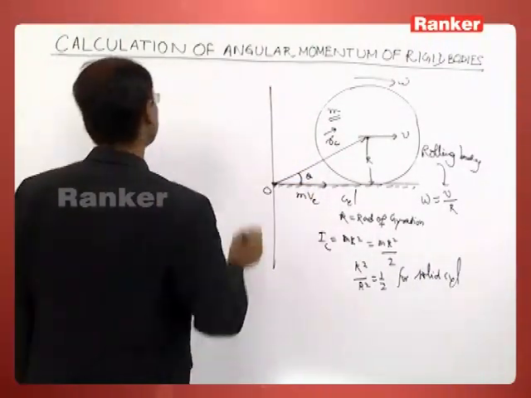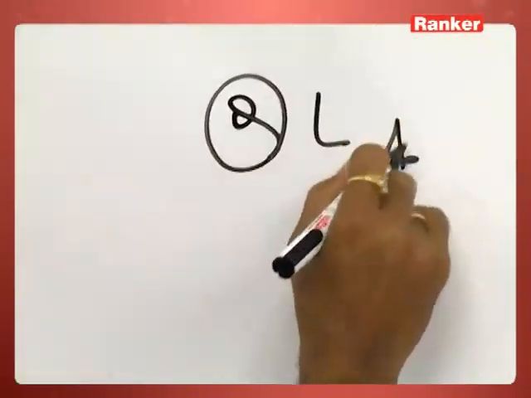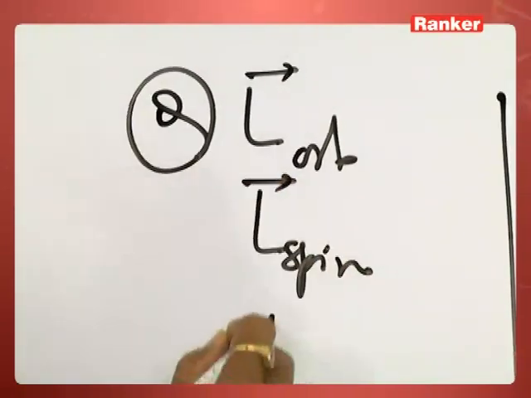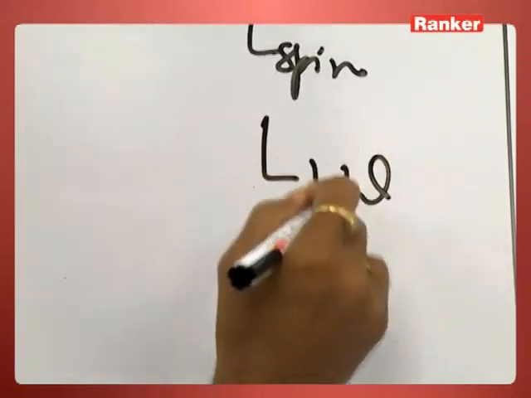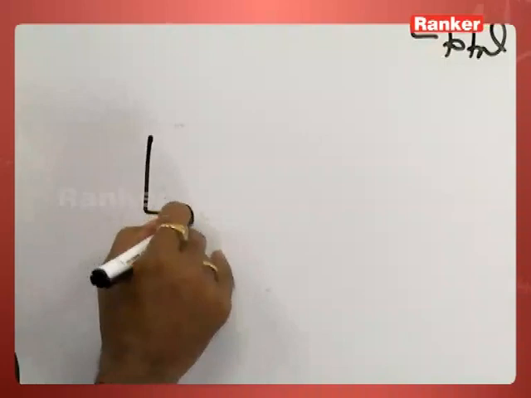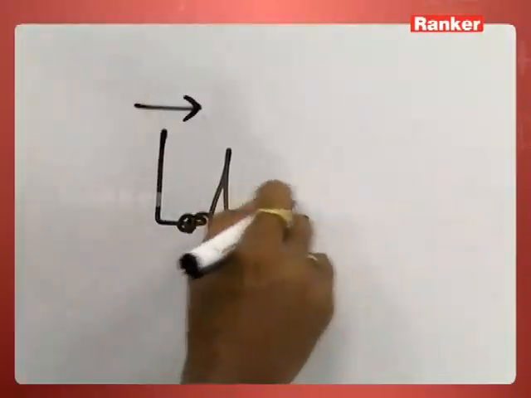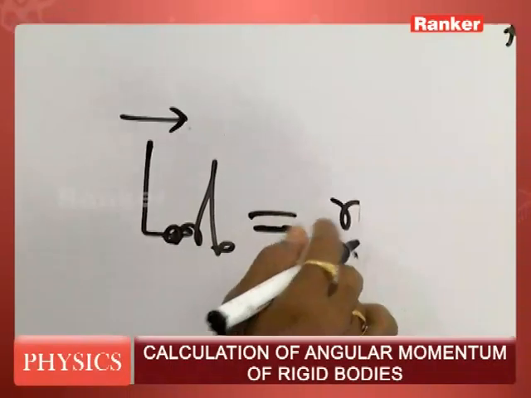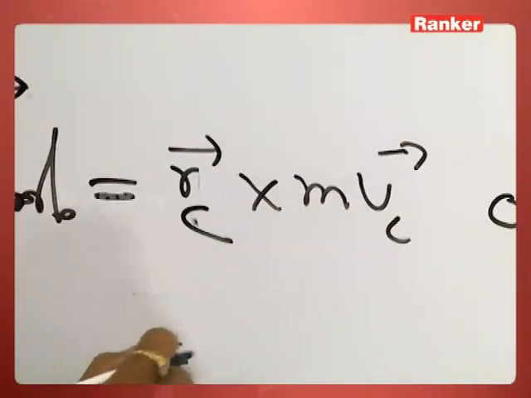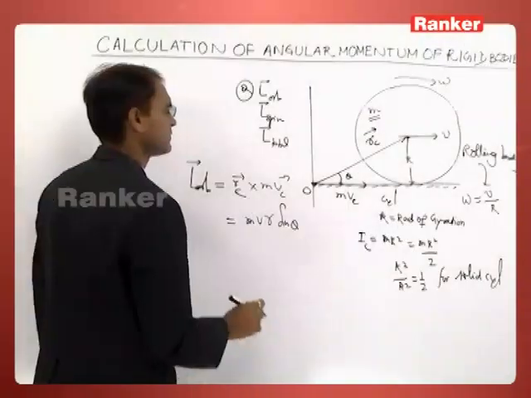Let us first calculate the orbital, then the spin, then the total. Orbital angular momentum is equal to RC cross MVC. That is MVR sin theta.